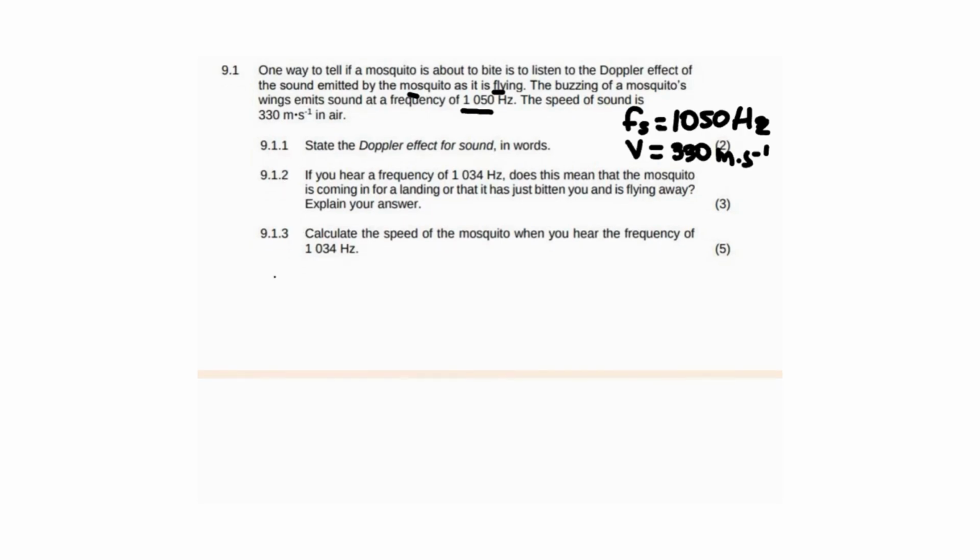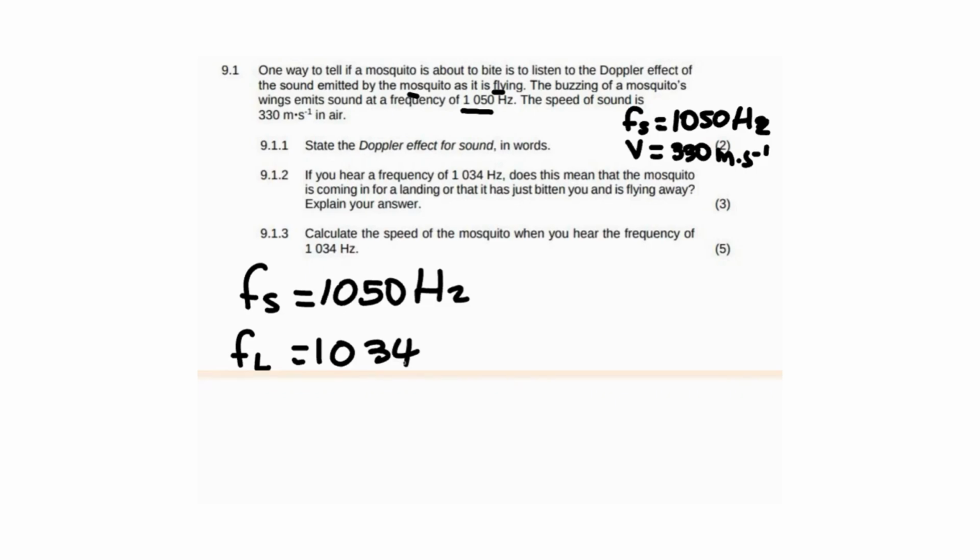So remember, we have the frequency of the source. We had said it's 1050 hertz. And now they say the frequency that you hear, the frequency of the listener, is 1034. So guys, under which conditions do you have the frequency of the listener to be smaller than the frequency of the source?